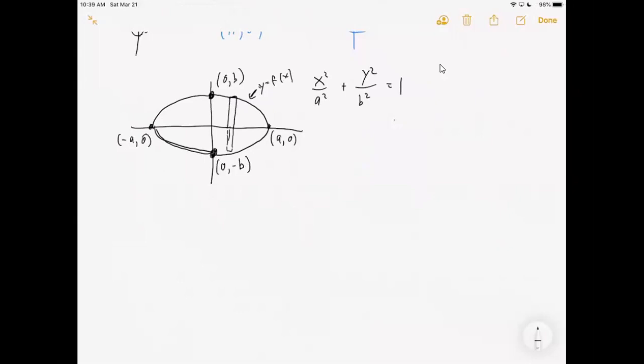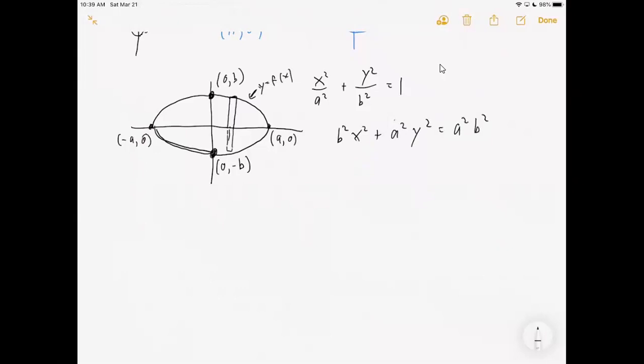So we need to do a little bit of algebra here. The easiest thing is to first multiply everything by a squared times b squared. So that would leave b squared x squared plus a squared times y squared is equal to a squared b squared, right?